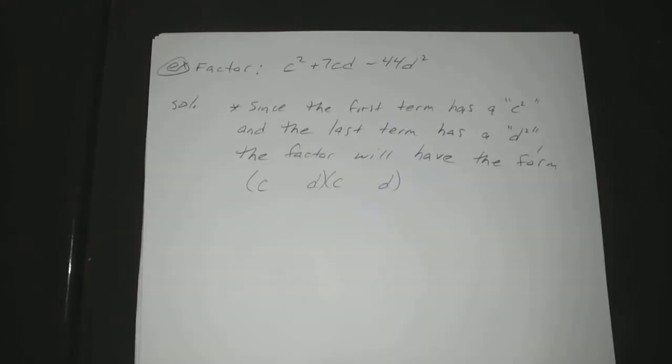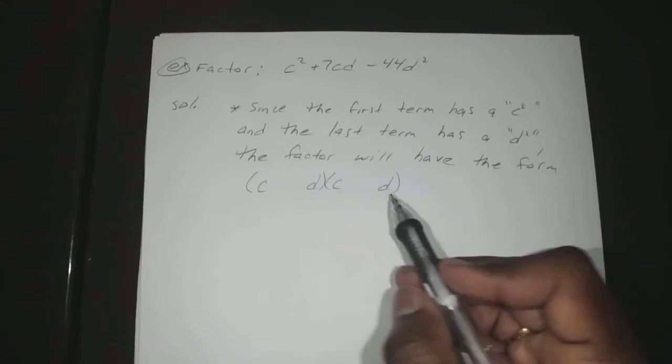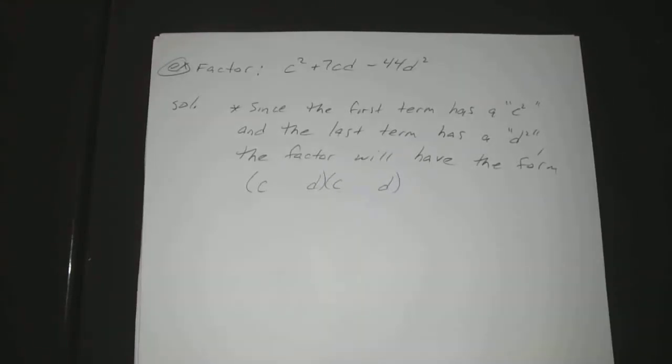You may see some of them with r and s, you may see x and y. Whenever you have a squared variable in the first and the last one, you already know it's going to end up like this. We just have to find out what's going to be in front of the d.